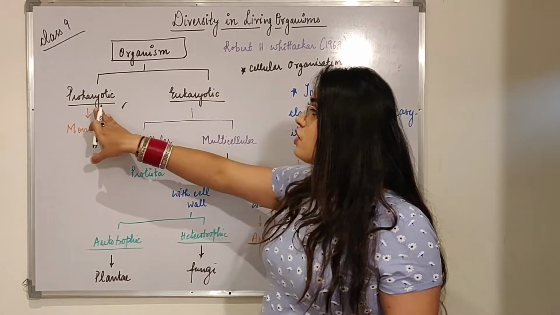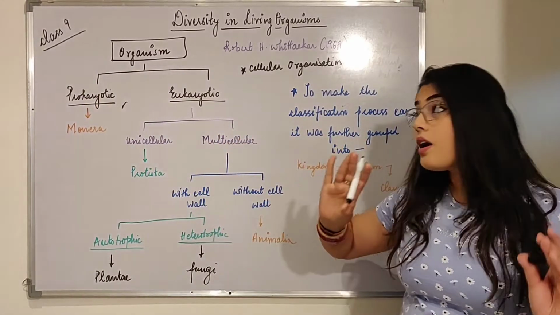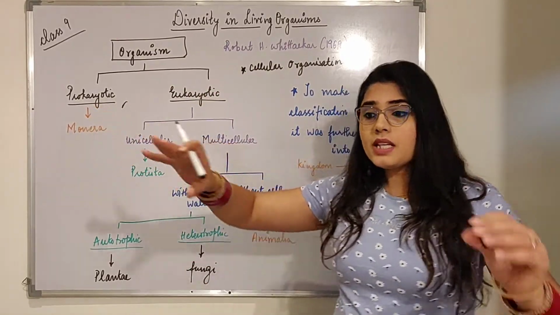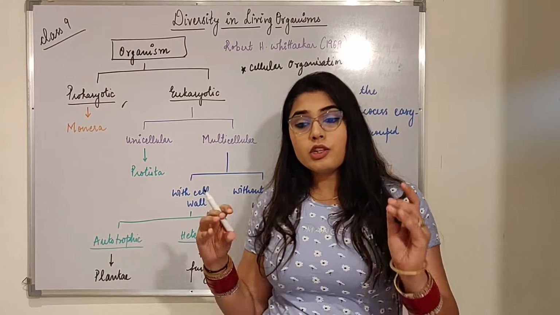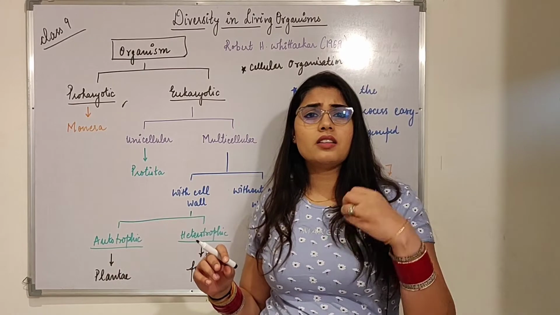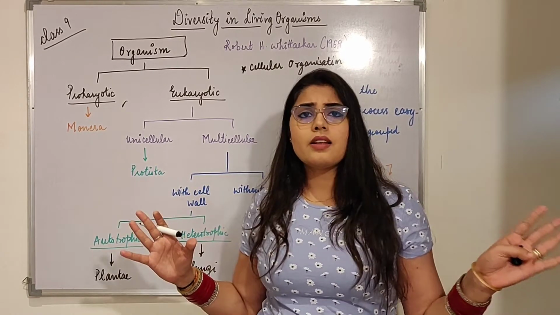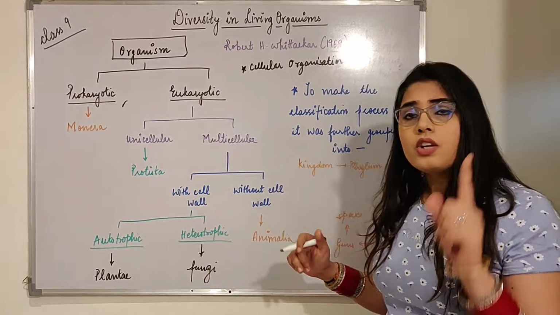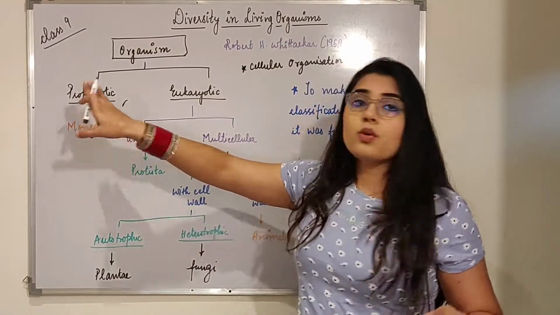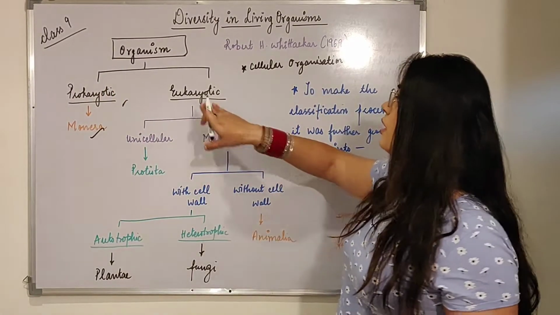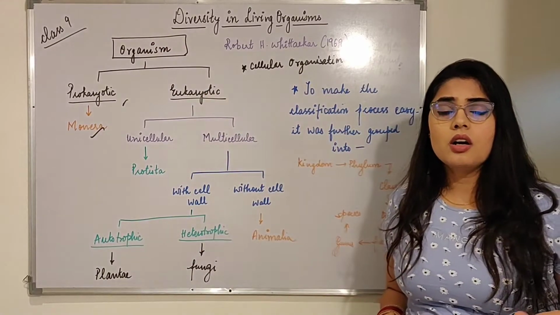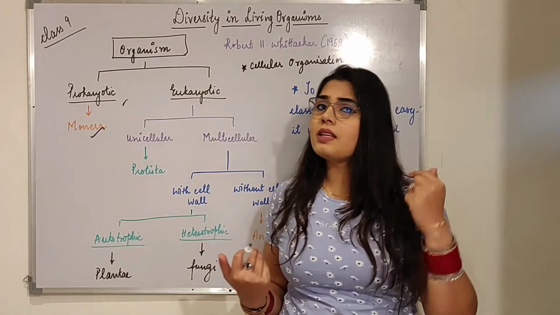Robert said that if any organism is prokaryotic, that means it does not have a well-defined nucleus, neither is the DNA present properly nor is the cell defined properly, it will come under Monera. So Monera has all the prokaryotes. Now if I give you an organism and it is eukaryotic in nature, you will say, now how will we proceed?